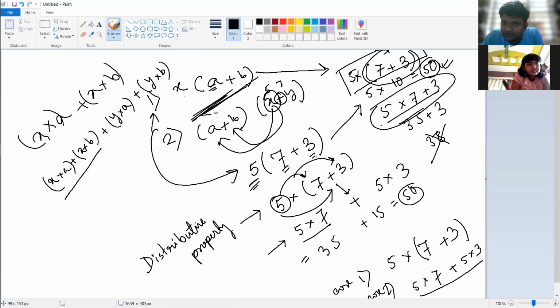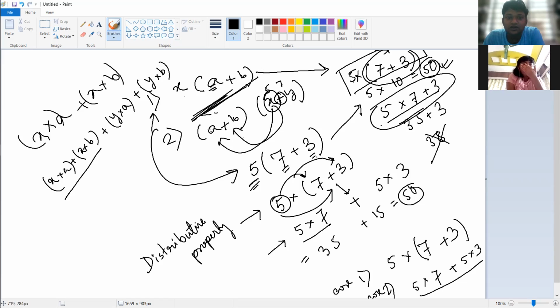I can also take A as the number of people and B as the number of people, and X as the tea price, Y as the biscuits' price. That is not the problem. You can take any of them. This is just an example. Concentrate on this, because this is an important concept.